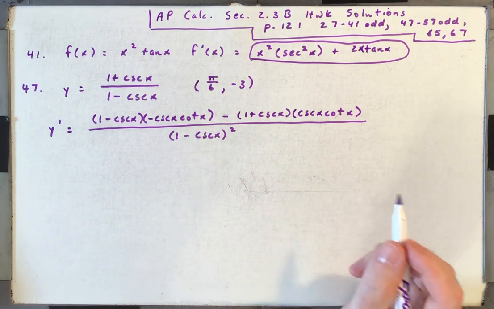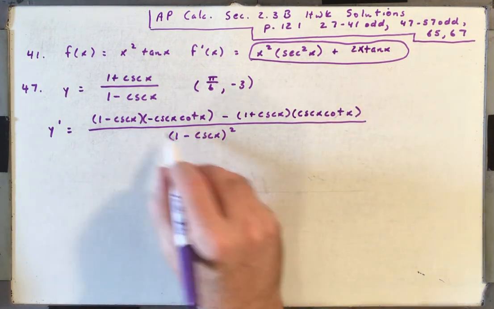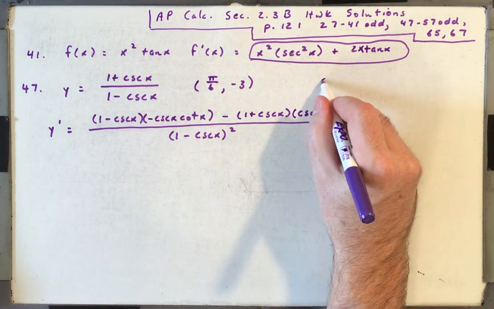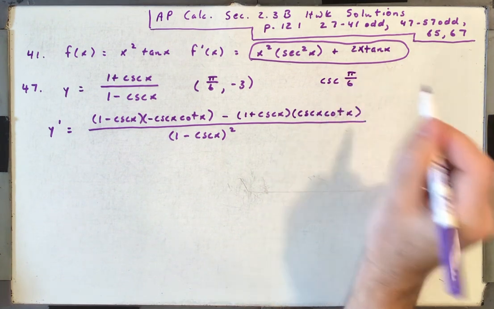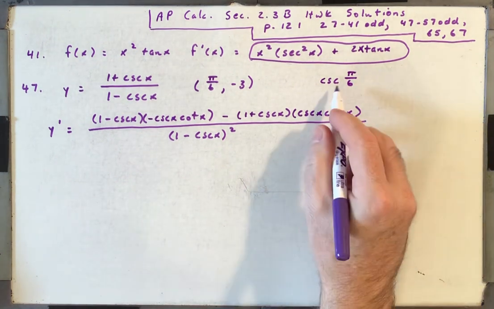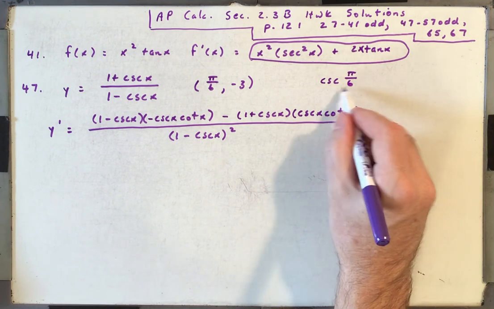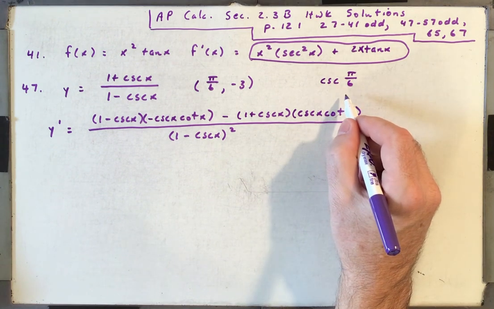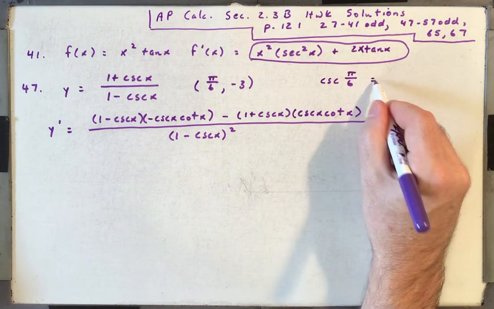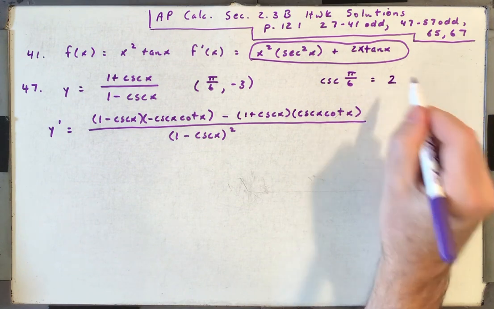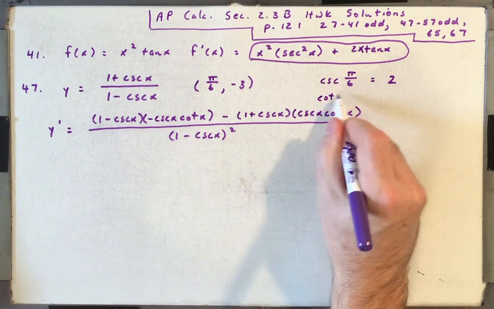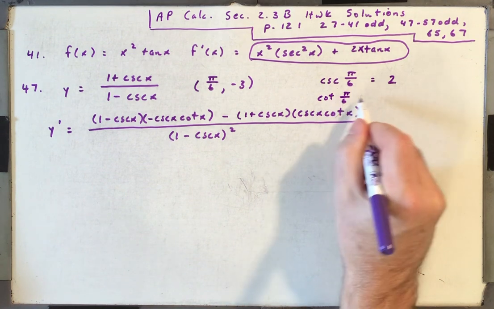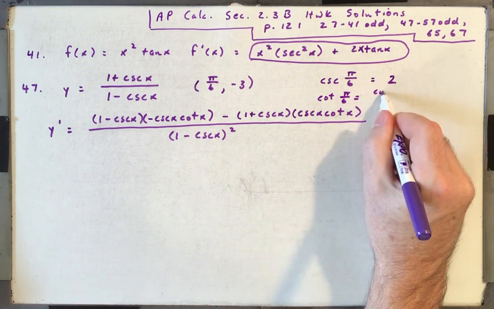Okay, but let's figure out, I've got cosecants and cotangents. So the cosecant of pi over 6, well, cosecant goes with sine. The sine of pi over 6 is a half. So the cosecant of pi over 6, you're going to flip that, is 2. All right, and then the cotangent of pi over 6 is equal to the cosine over the sine.